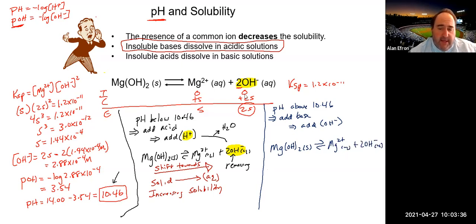Well, in this case, hydroxide is part of the reaction. So by adding the base to this solution, we're basically increasing this, adding more. And when we add more, based on Le Chatelier's principle, that would cause the equilibrium to now shift away from it.